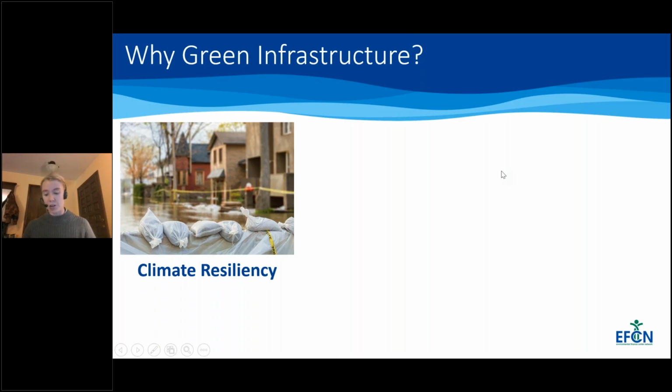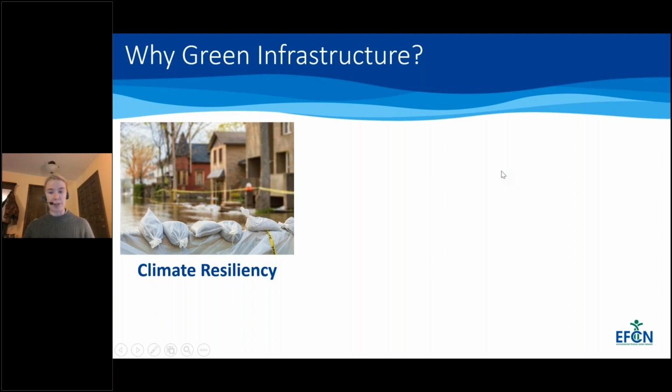And green infrastructure at all scales can capture, slow, and filter stormwater where it falls. That reduces the burden on our centralized treatment plants and also simultaneously improves water quality by treating the water before it returns to the sources that we use for drinking, such as river, groundwater, etc.